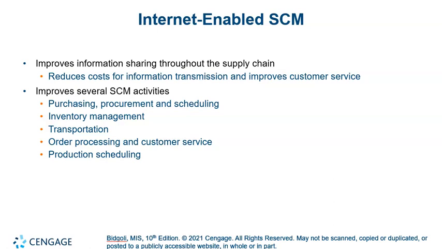We can maybe look for other purchases. We can also look at real-time prices for raw materials. Maybe iron ore dipped down today. Well, let's double our purchase. So anytime we can have a smarter and more effective supply chain, we can make better decisions, which in the end lowers our cost and is going to increase our customer satisfaction.